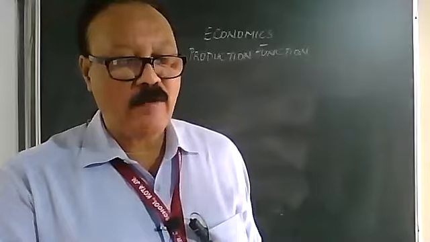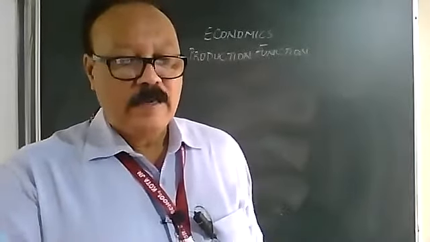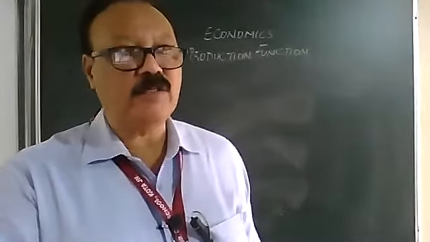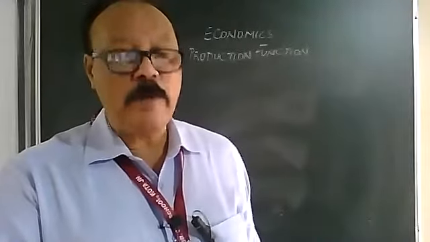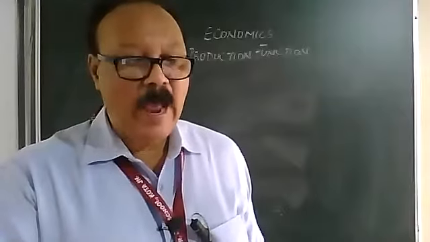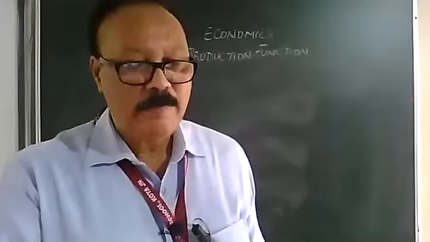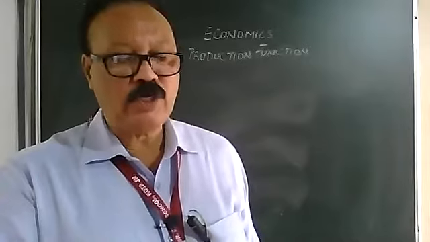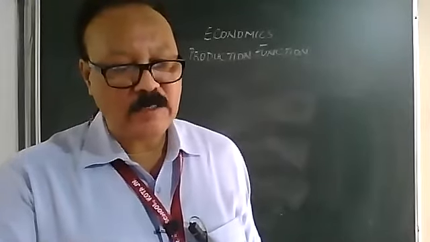The short run refers to a period of time in which a firm cannot change its fixed factors of production. Only the variable factors can be changed. And the long run refers to a time period in which a firm can change all the factors of production.